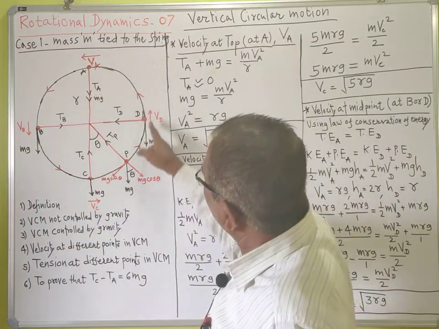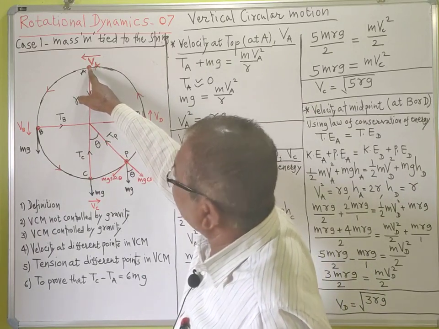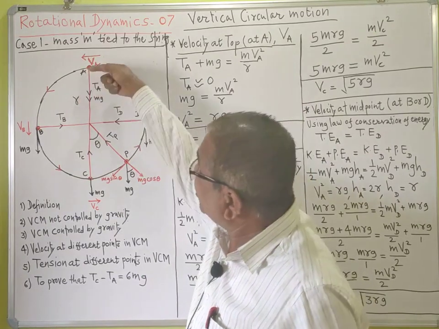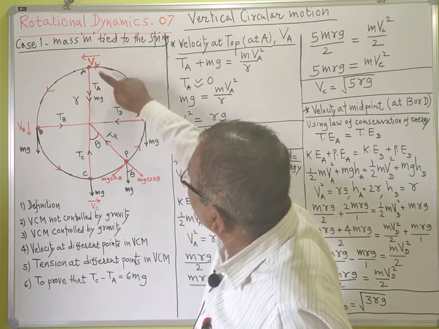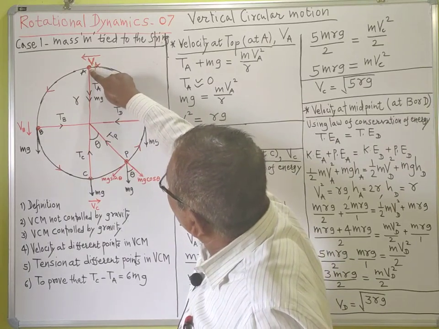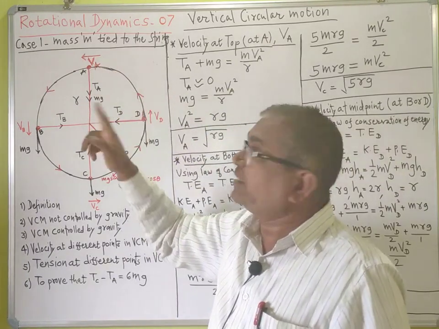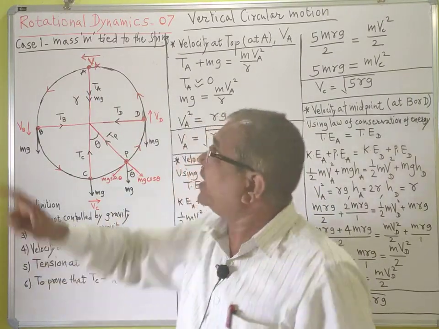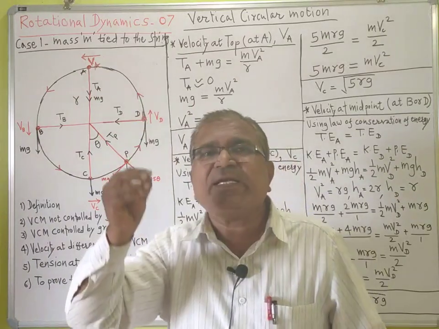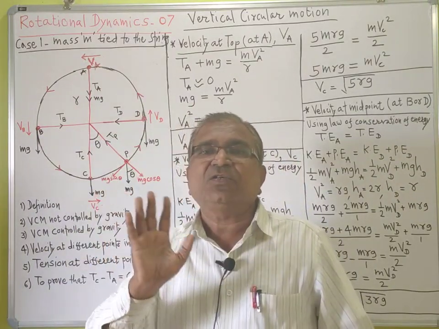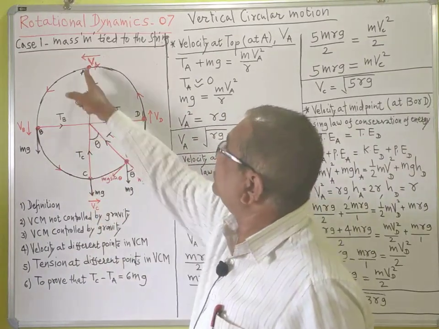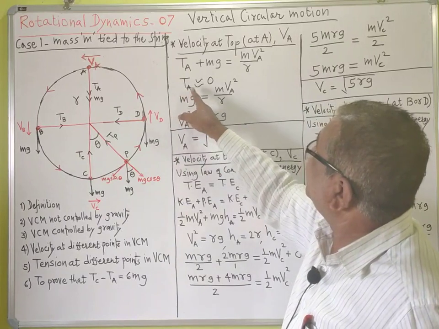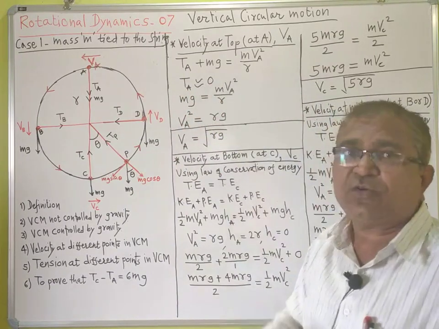When the particle comes at the point A, at that time the tension acting on the string, Ta, is approximately 0, and this particle feels weightlessness because negligible tension remains over the string. So I have written here Ta is approximately equal to 0.